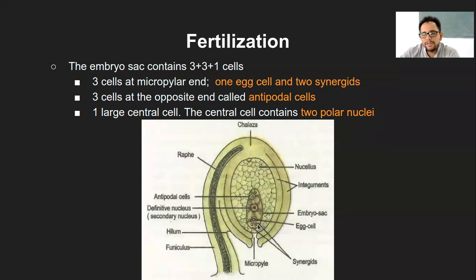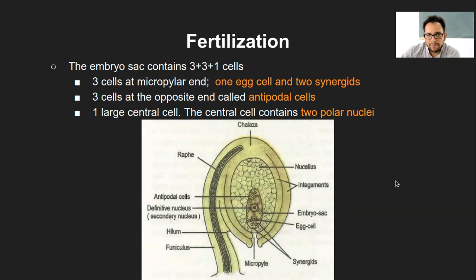That's how these are 6 cells, and then 1 large central cell. The central cell contains 2 polar nuclei. Usually it is 1 cell, 1 nucleus, but in this case there are 2 polar nuclei present within this central cell. So 3 on the top, opposite to the micropyle end, 3 towards the micropyle end, so 6, plus 1 central cell, is what is present within the embryo sac.